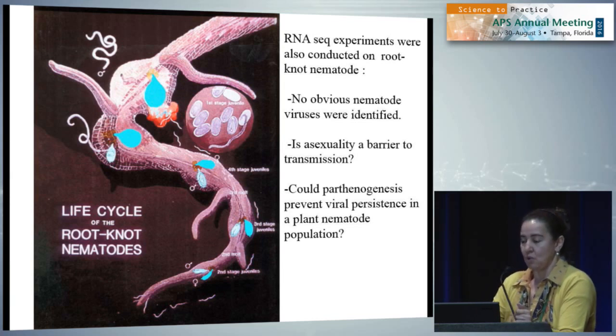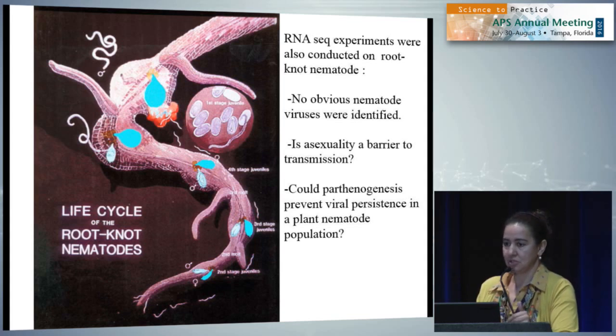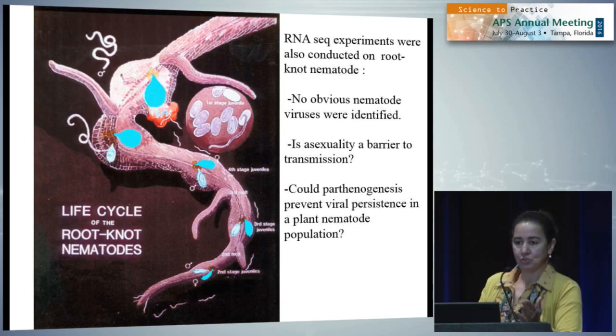One question we thought of is whether, although the root knot nematode is very similar to the soybean cyst nematode in its life cycle, the mode of reproduction might be a barrier for the viruses to persist in this kind of nematode. So our goal is to stress the root knot nematode to stimulate more males.